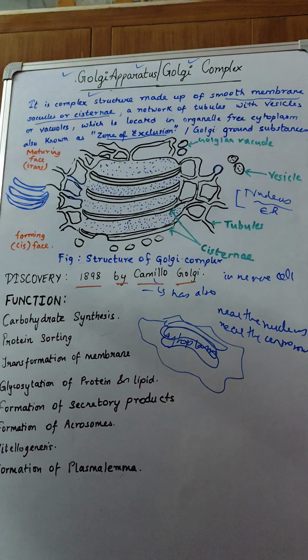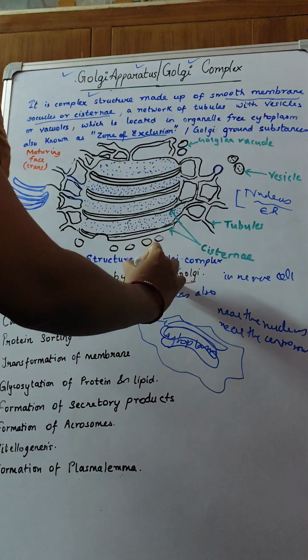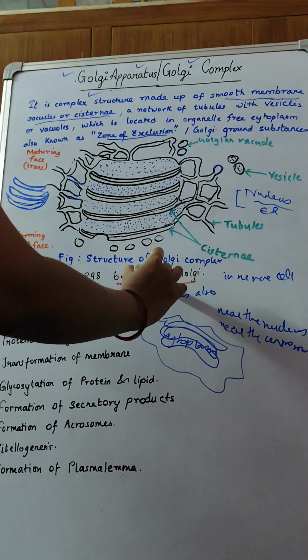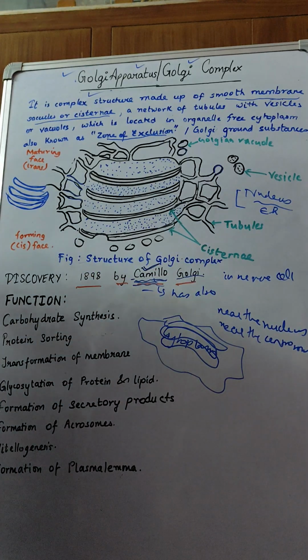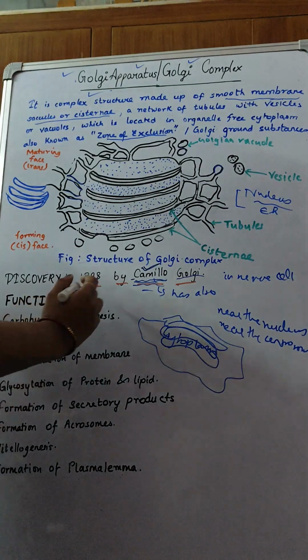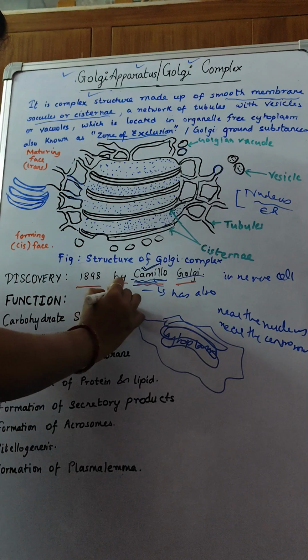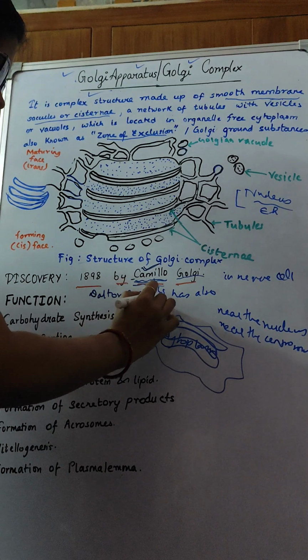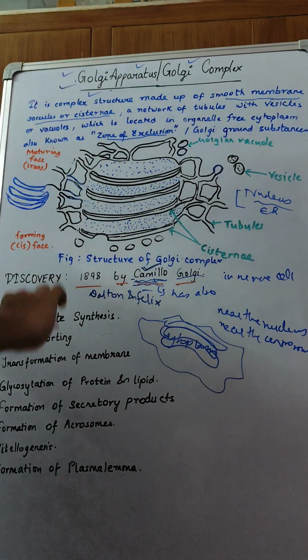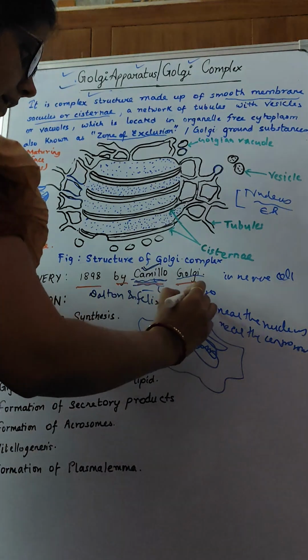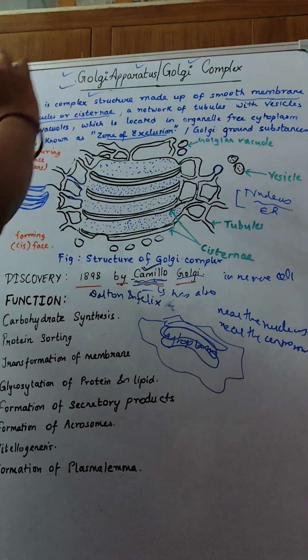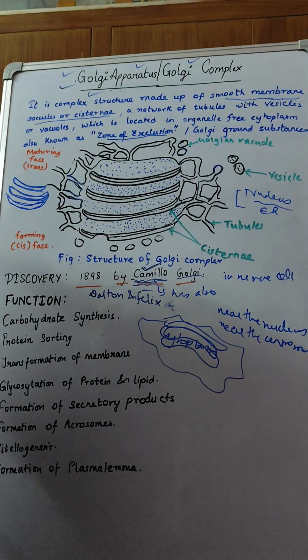Now it was first discovered by Camillo Golgi, and in his honor it was named Golgi apparatus. This structure was finally confirmed by Dalton and Felix. They confirmed the existence of the Golgi apparatus or Golgi complex by observing it under the electron microscope, and therefore the Golgi apparatus or Golgi complex is also named the Dalton complex, because of Dalton.